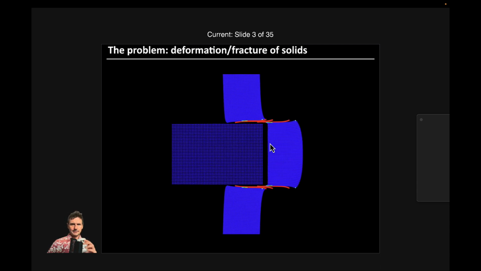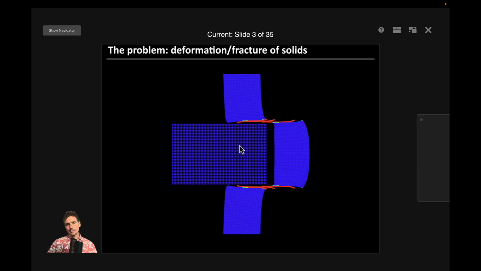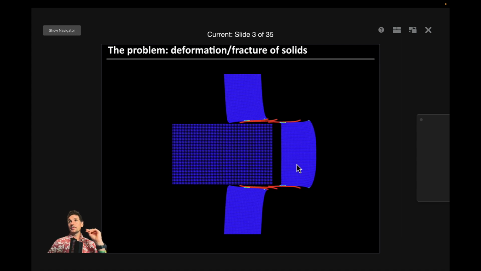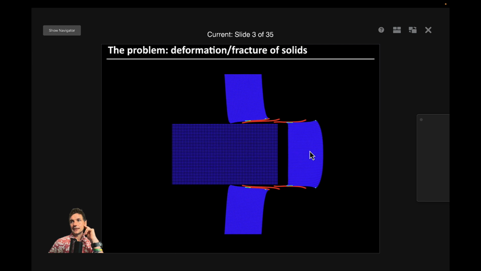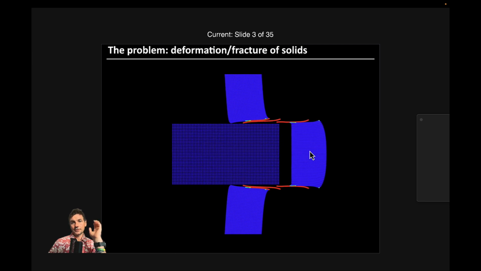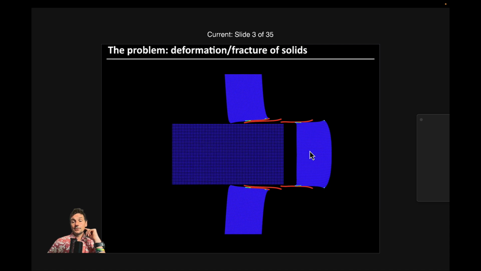What would be the energy absorbed? Or what would be the velocity of the outgoing component? So that piece that is being thrown out. And that's important for obvious reasons in terms of engineering. And if you were to solve that using finite elements, the problem would be really quite intractable.